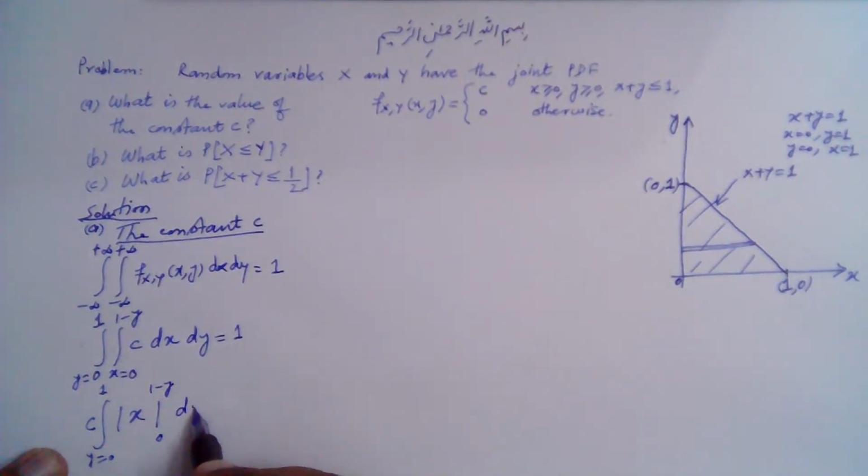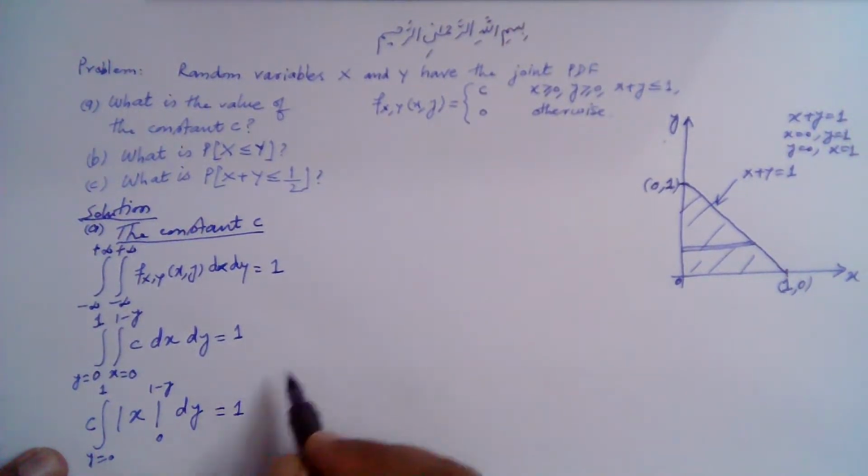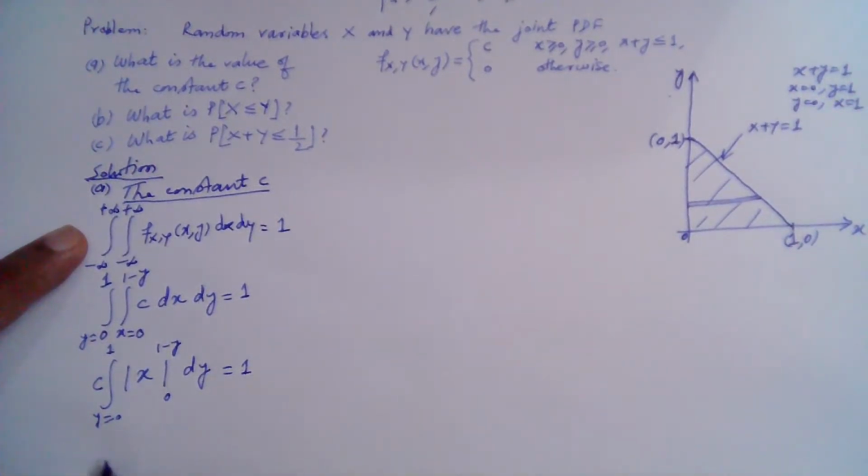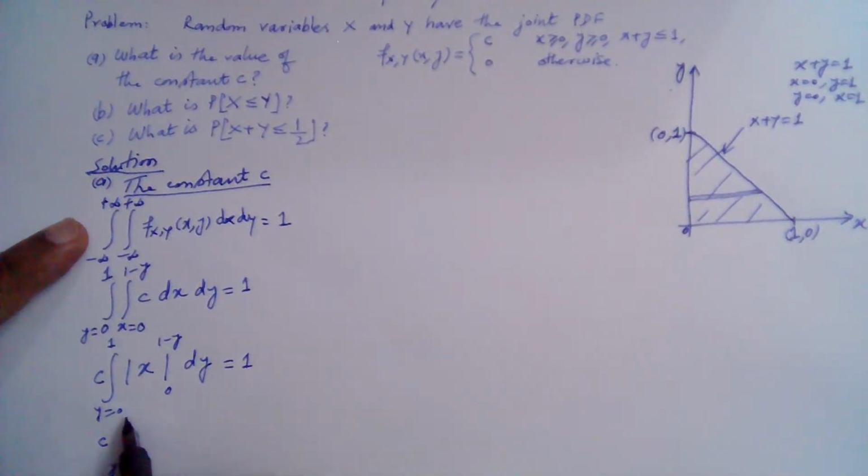We still need to integrate with respect to y, and it should come out to be equal to 1, right? So we have c here, y from 0 to 1 here, and we substitute the value 1 minus y minus 0, right? We leave the 0 out, dy, and that should be equal to 1.